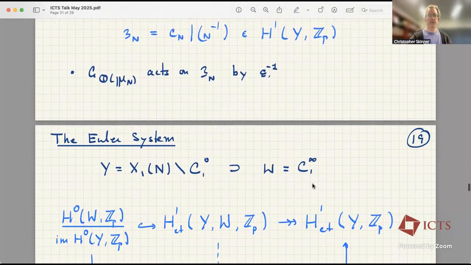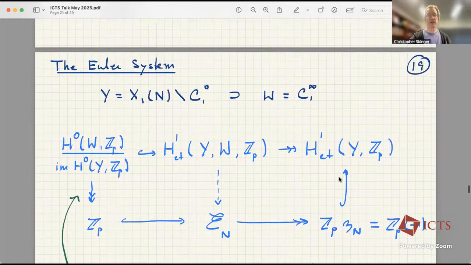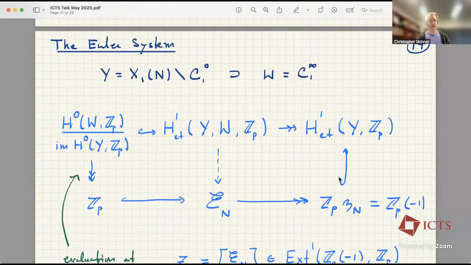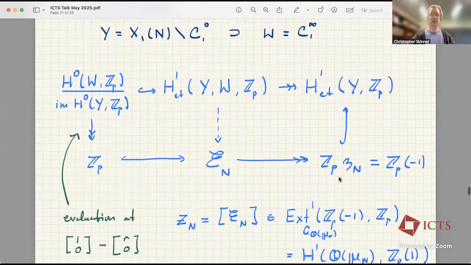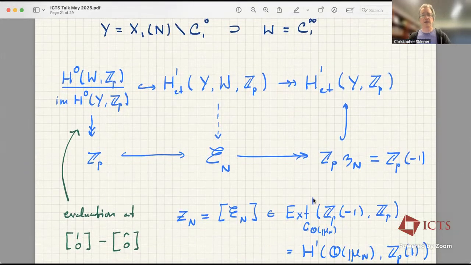So now we're at a situation where we can define our Euler system. As I said, Y is the modular curve where I've removed the cusps at 0. And I'm going to look at a subvariety of Y, which is in fact the cusps at infinity. So I have this open curve, and then I have a collection of points, and these are all defined over Q. And now I'm going to look at a sequence in étale cohomology, relative cohomology.